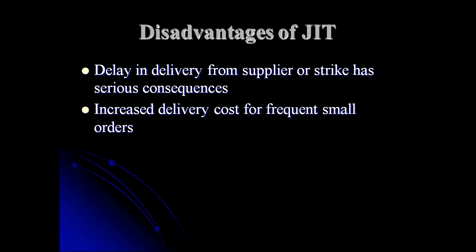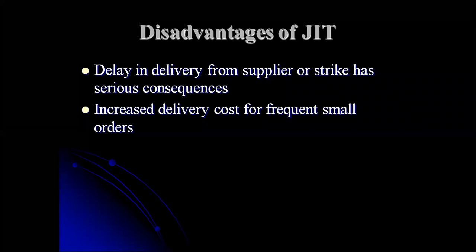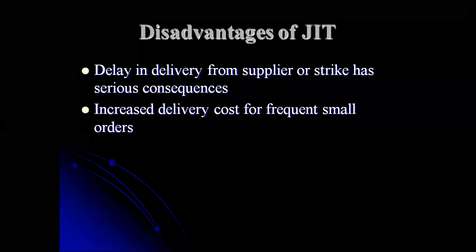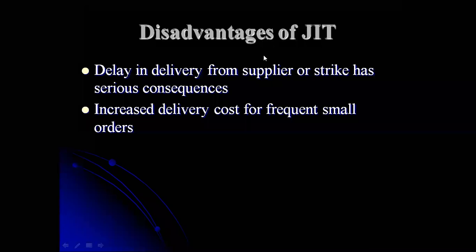And when you order in small quantity, the supplier does not offer you a discount. I told you earlier, but when you order in large quantity, the supplier gives you a discount. And why? Because the supplier is relieved from the tension of selling goods to too many buyers. Now only one buyer, in the shape of you, is there to buy all the goods.